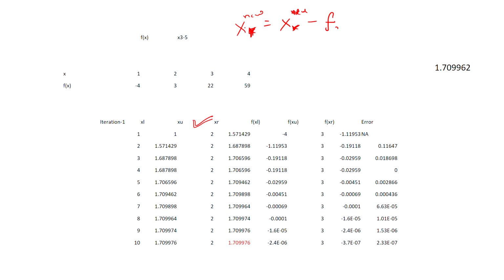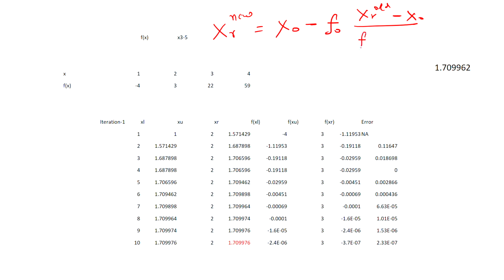or let me write it in a different way. So the new value of XR will be nothing but X naught minus F naught times XR old minus X naught upon f of XR old minus f of X naught.